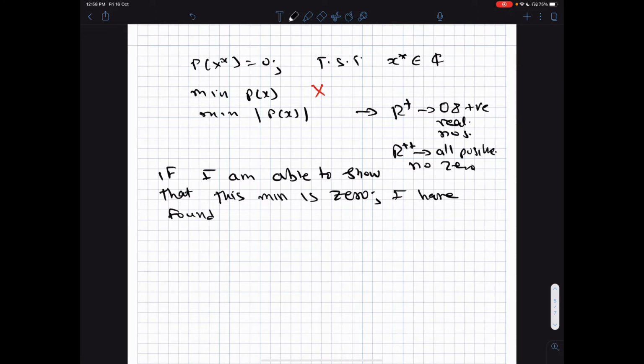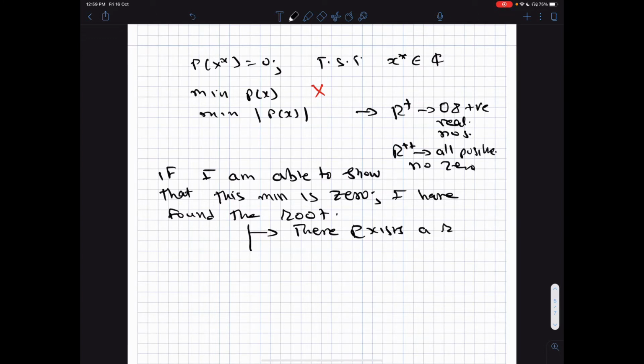So actually I just need to show that this minimum is actually 0. To show that this minimum is 0, there are two things that I have to show. I think you all have become experts on this now. First, there exists a root.